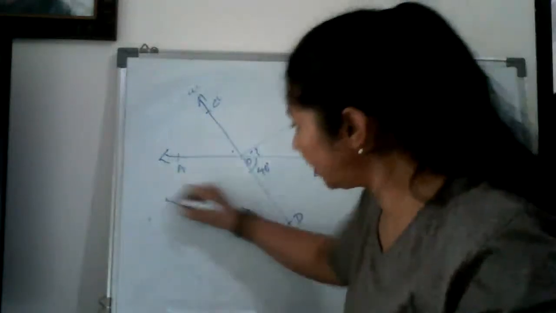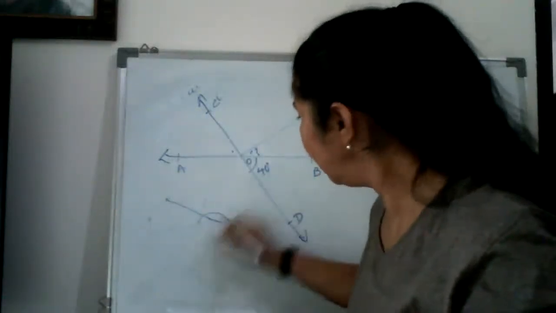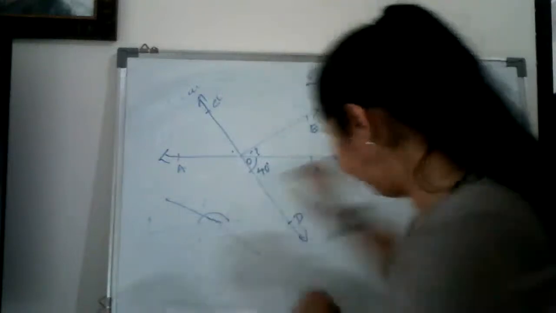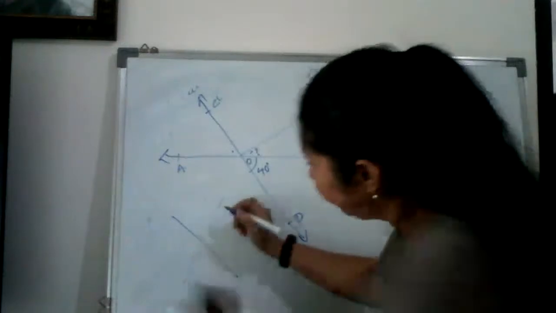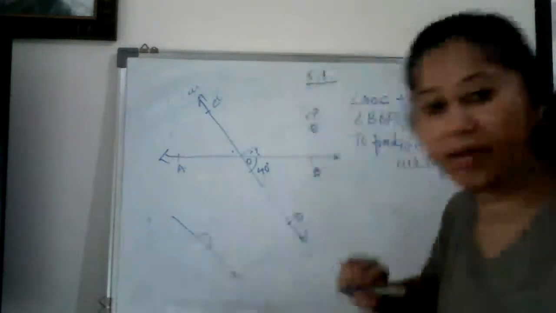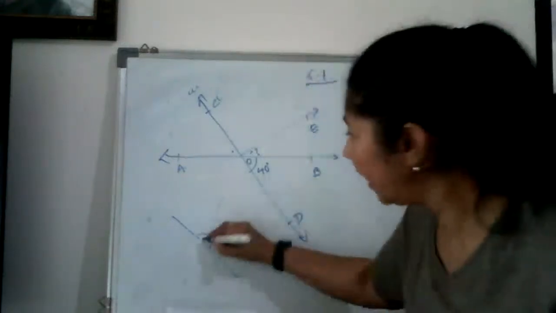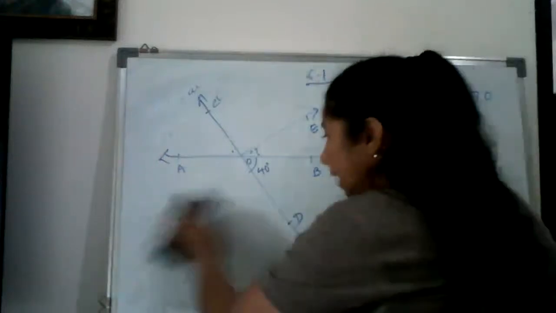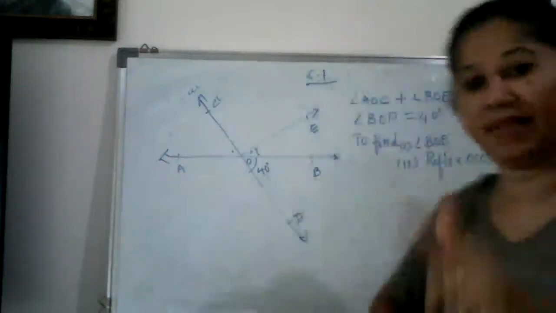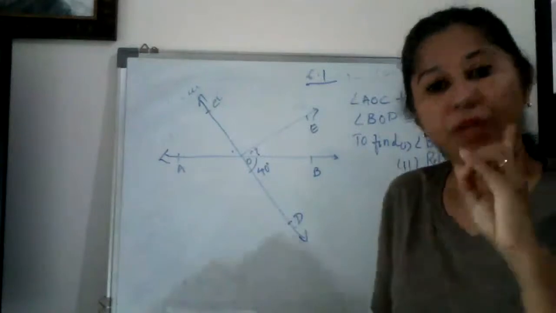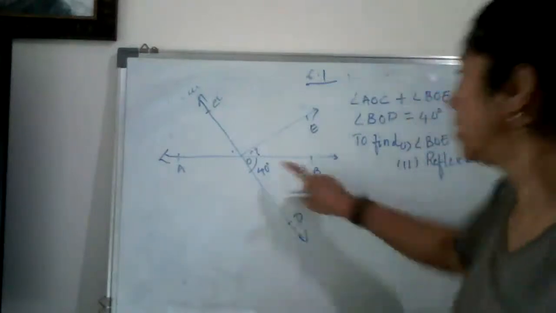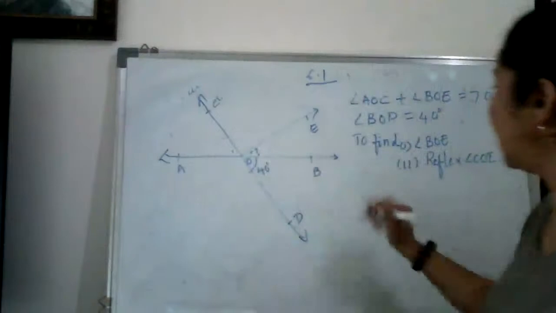When intersecting, yes, it makes an X. But out of the X, when you see like this, it makes a kind of Y, reverse Y or straight Y. And its sum is always 180 degrees. And when I say up and down, right and left, we are talking about vertically opposite angles. So look here, aren't they vertically opposite angles?